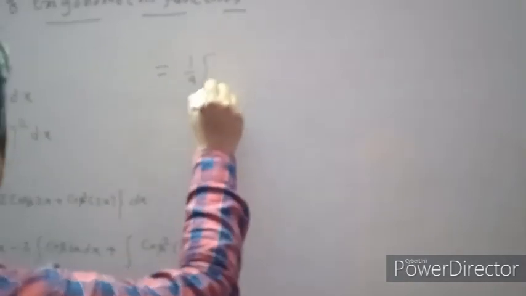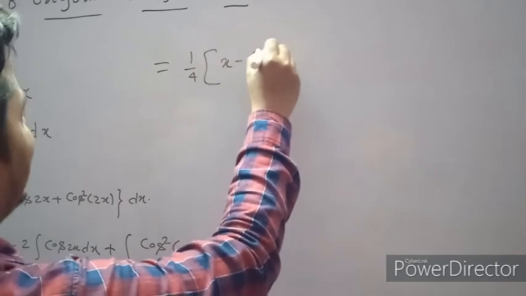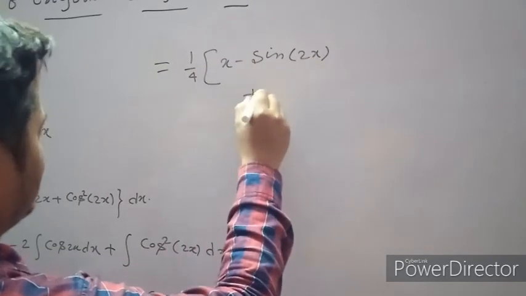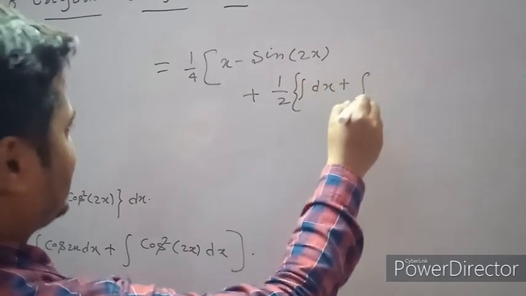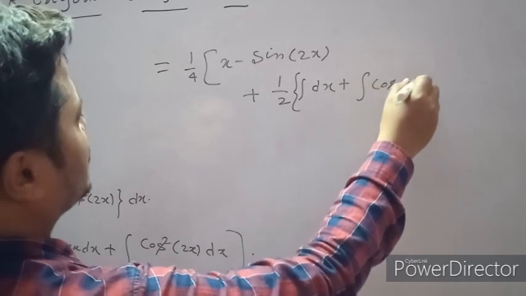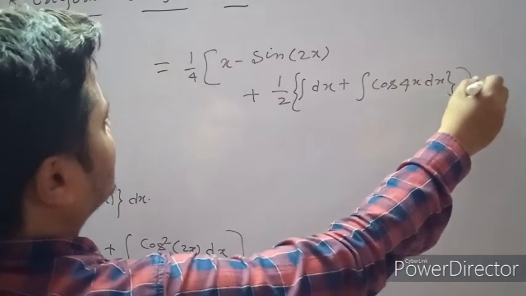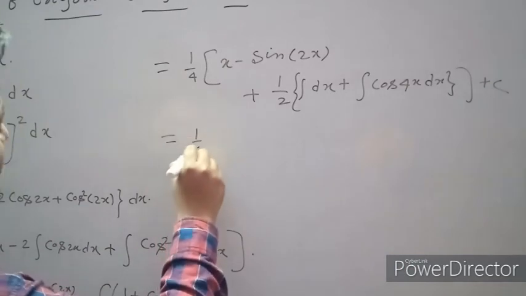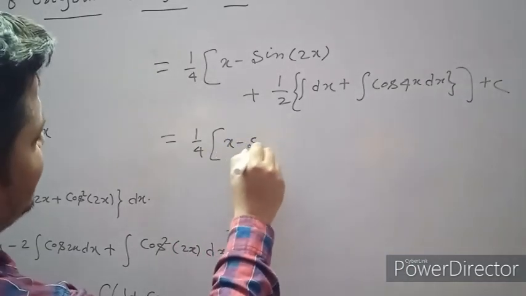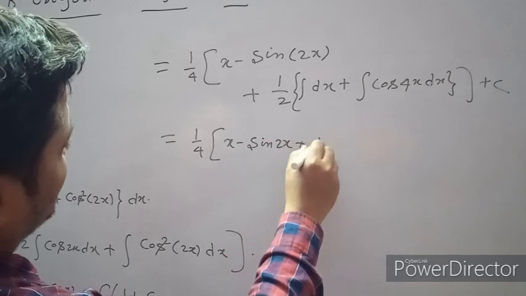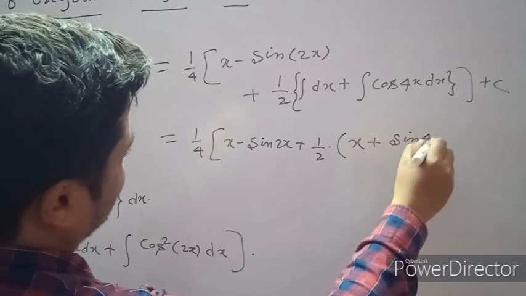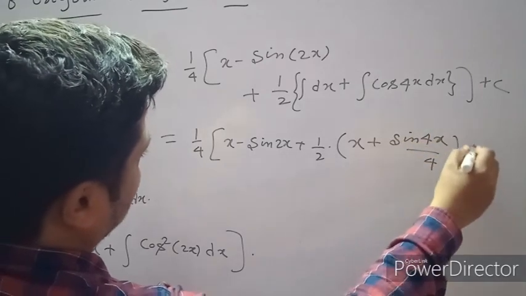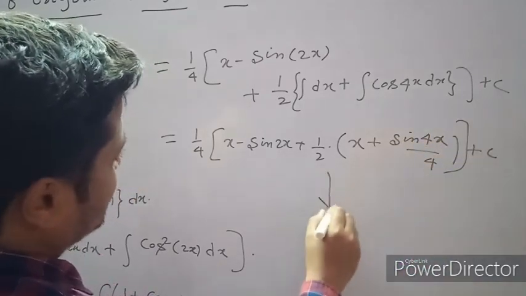So what you get? 1 by 4 [x minus sin 2x plus 1 by 2 integration dx plus integration cos 4x dx] plus c. So you get 1 by 4 [x minus sin 2x plus 1 by 2 (x plus sin 4x by 4)] plus c. Thank you.